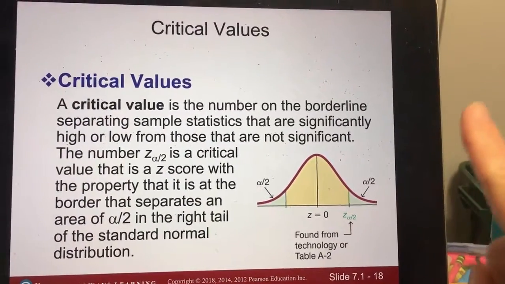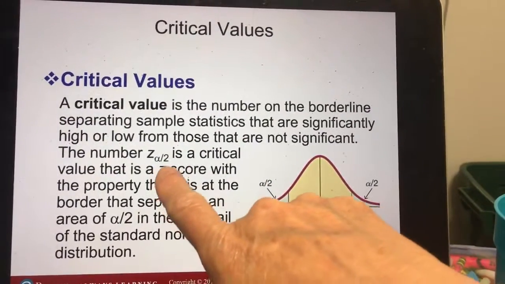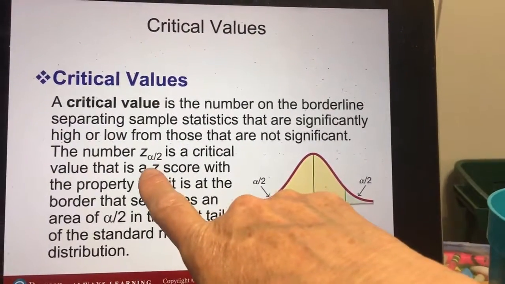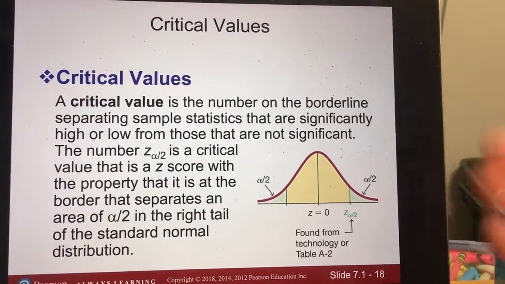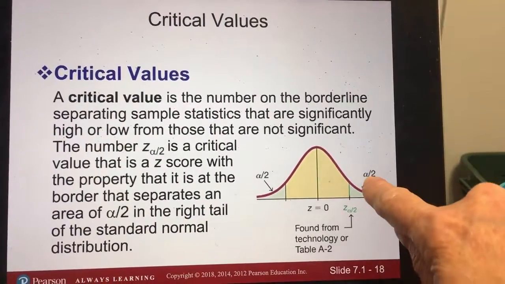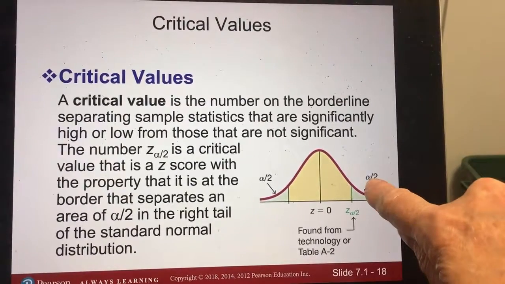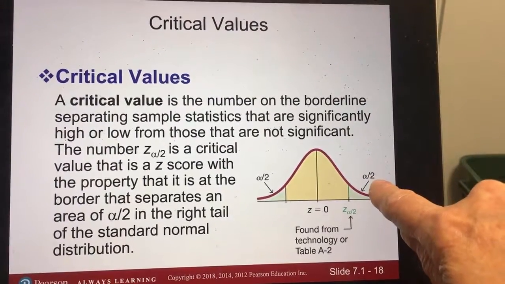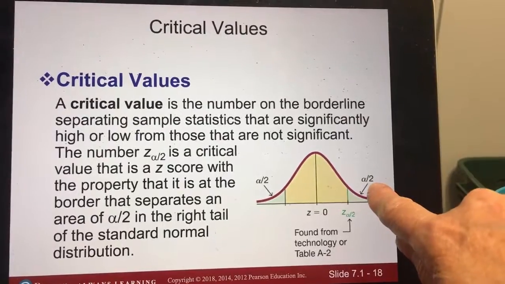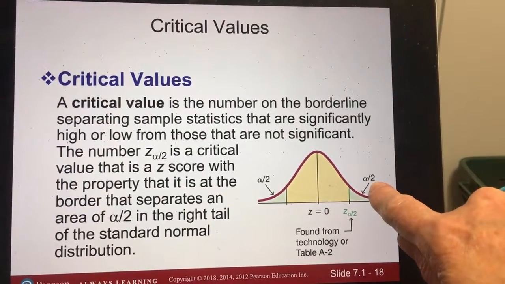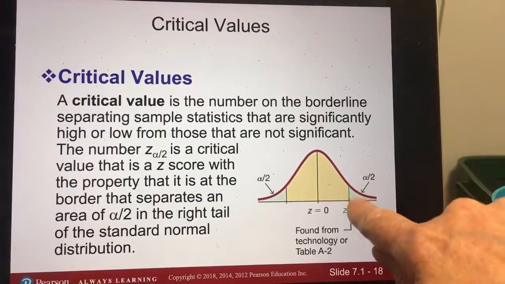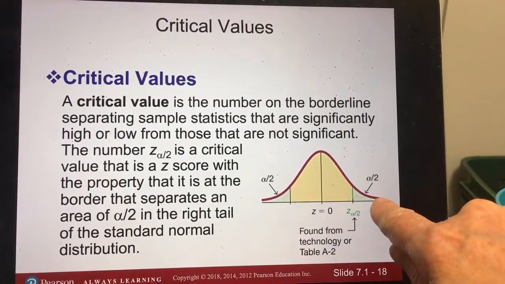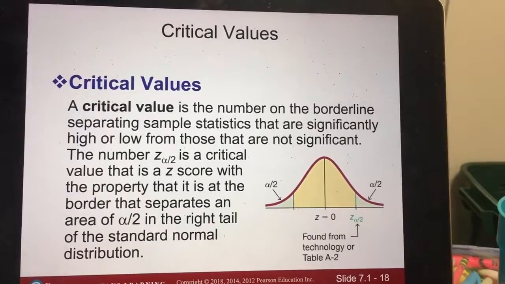If my confidence level is 99%, then my alpha is 0.01, which means my alpha divided by 2 is 0.005. And so then I would look up the area that gives me 0.005 right here. That's what we're looking for.